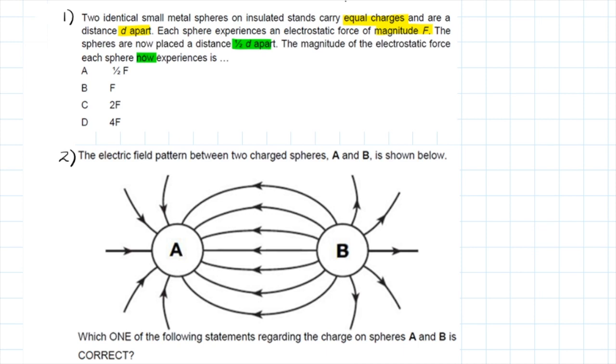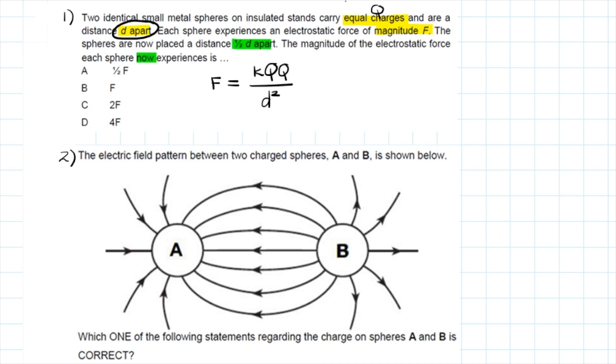In the beginning, we know that F, the electrostatic force, is equal to k Q multiplied by Q, since the charges are equal, divided by r squared, which is now d squared, since the original distance is given as d.